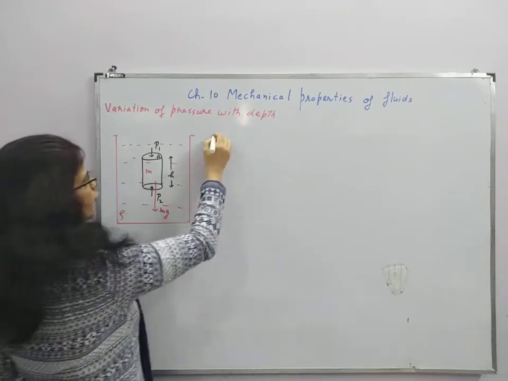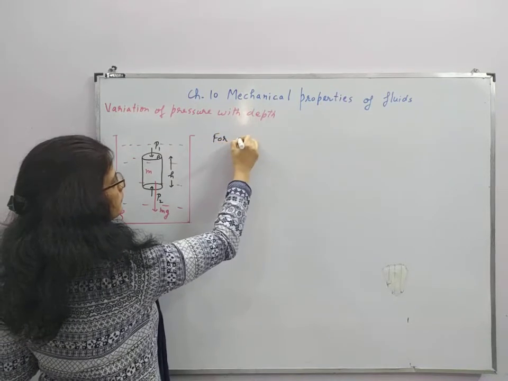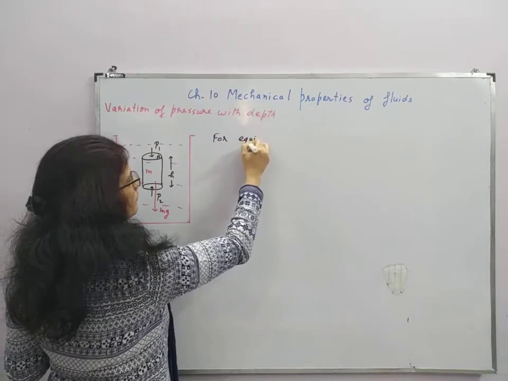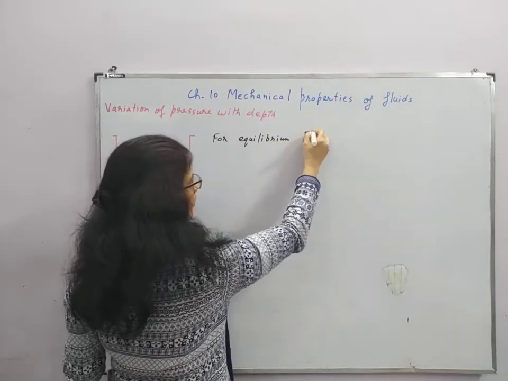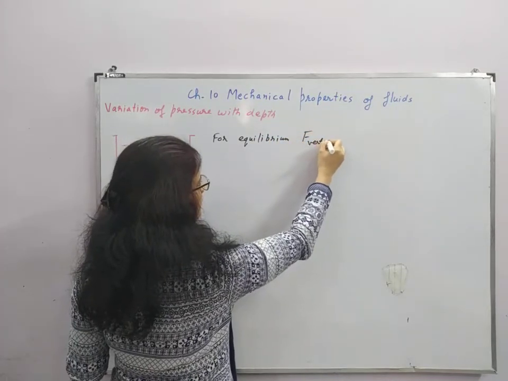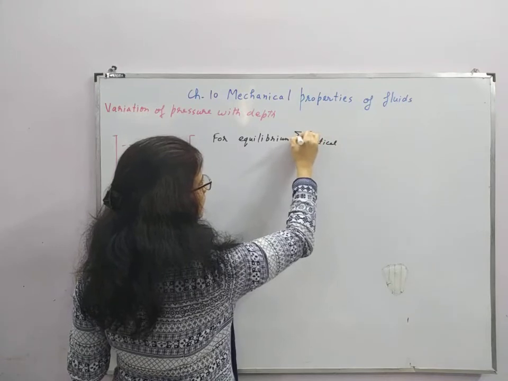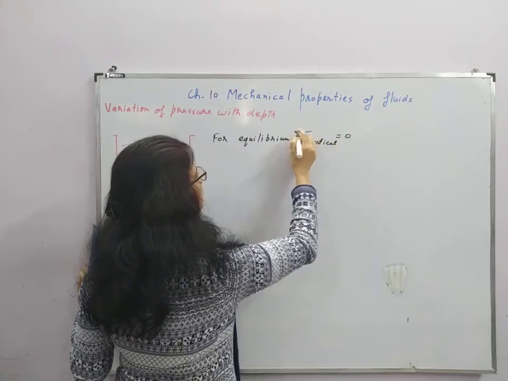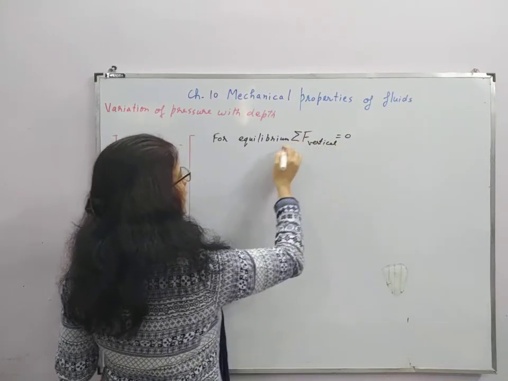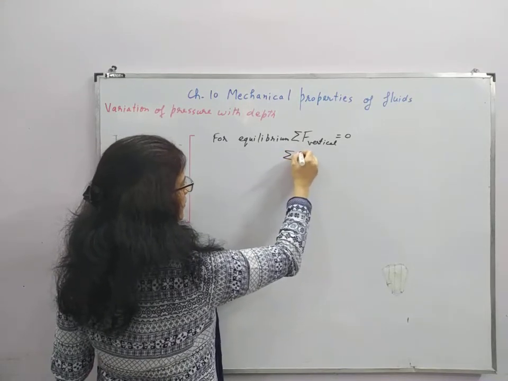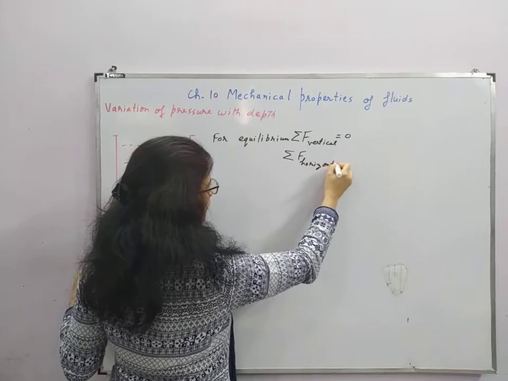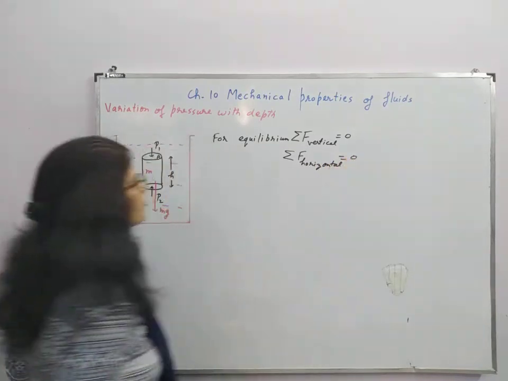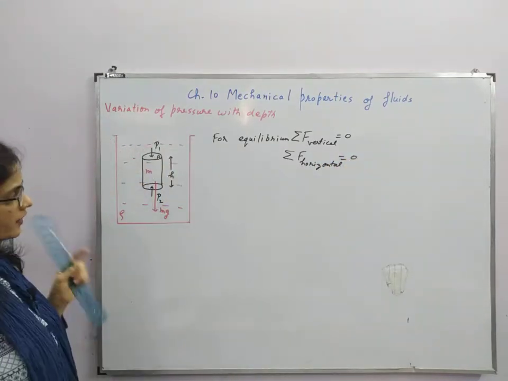So you can say that for equilibrium, net vertical force must be 0 and net horizontal force is also 0.